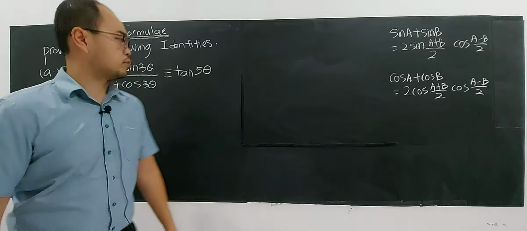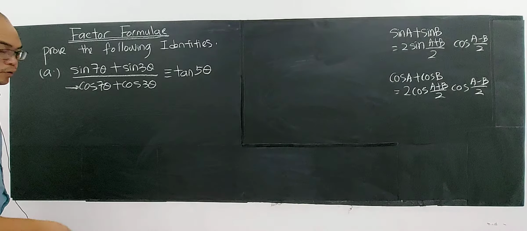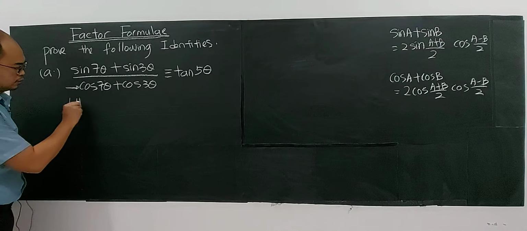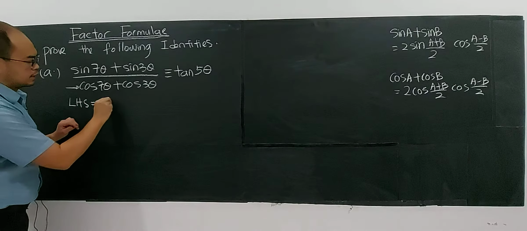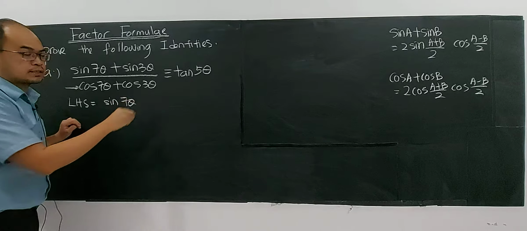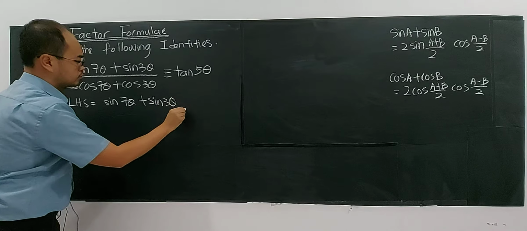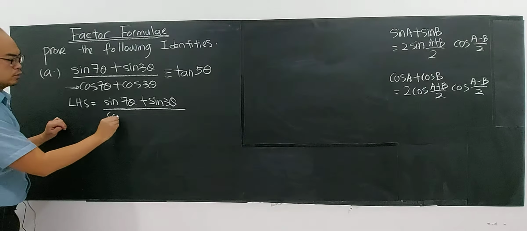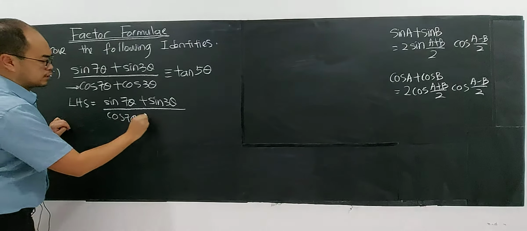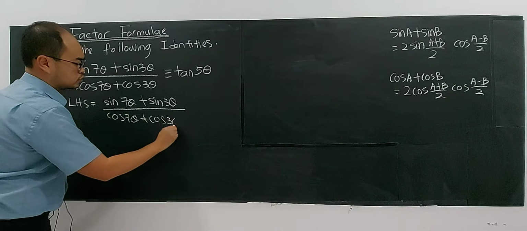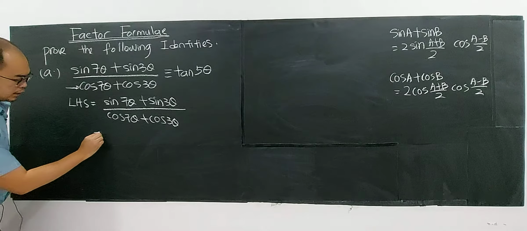So let's start from the left hand side, which is sine 7 theta plus sine 3 theta, divided by cos 7 theta plus cos 3 theta. You see the process of how I carry out the proving. Okay, I'm starting now.